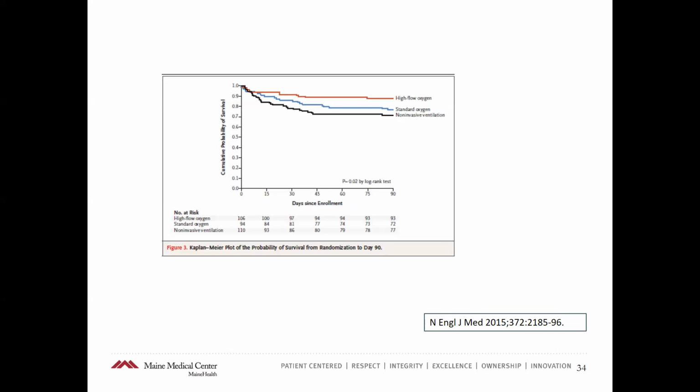They also showed decreased mortality with the high flow, or an increased probability of survival. And it's not really clear why that was, unless it is just the fact that you avoid all of the complications that go with being intubated, which are substantial.